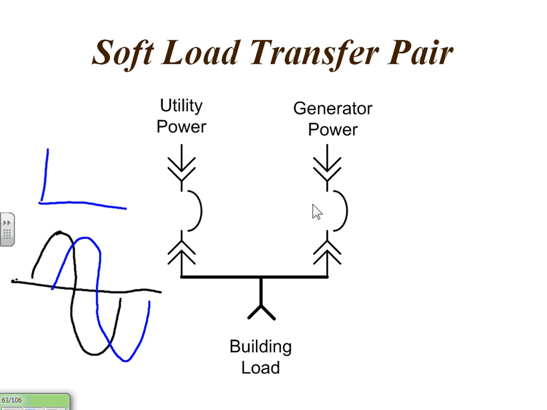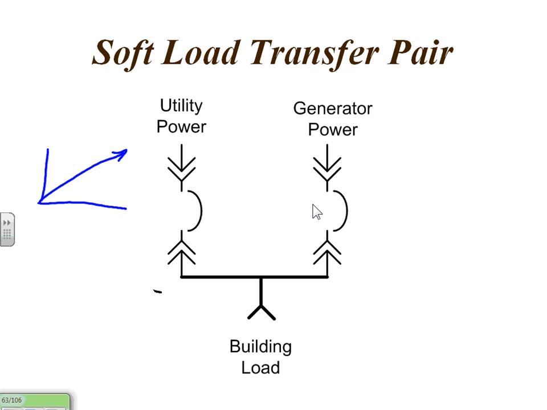If we were to close that breaker, here's our result. We've got a spike there. We can't deal with that. So that's why we have to have a synchronizer circuit to take care of that. That puts the two in sync together. Once we have voltage and frequency matched, totally in sync, so it looks like one waveform on a scope, then we close it.